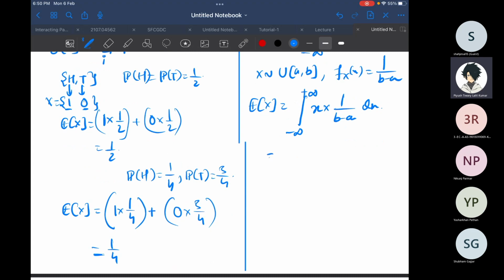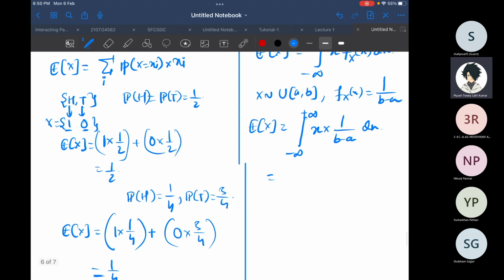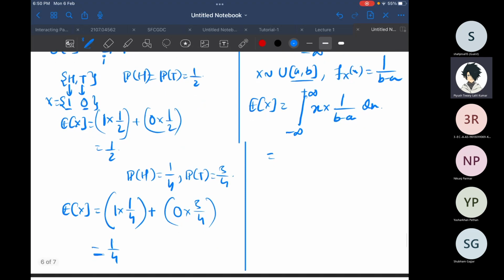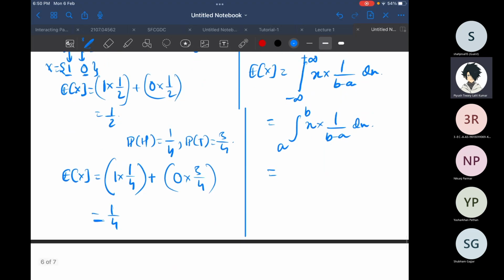Now, since x is always between a and b, the limits will change from minus infinity to infinity to a to b. This becomes the integral of x into 1 over b minus a dx. We know the integral of x is x square by 2, and 1 upon b minus a is a constant.